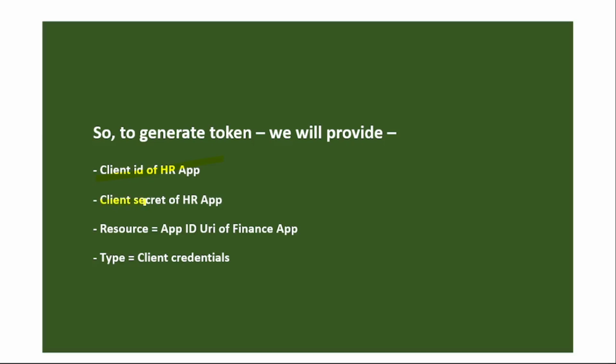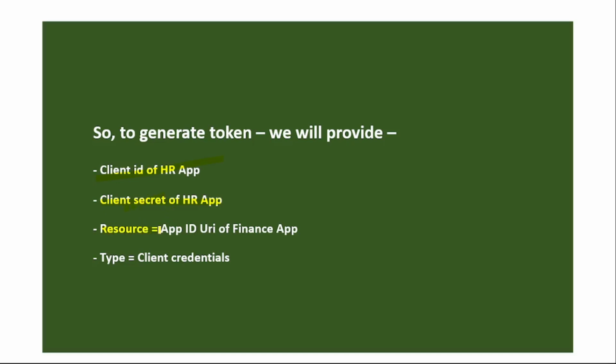We will also provide the client secret of HR app, because we are consuming the API of finance app, and how will finance app decide whether the service which is calling my API is authenticated or not? For that, this HR app will provide the client secret, and based on that, finance app knows that okay, this is the valid service and it should be allowed to call.